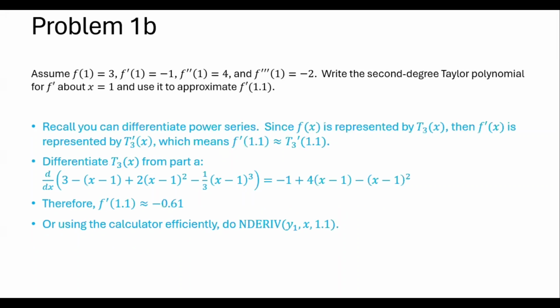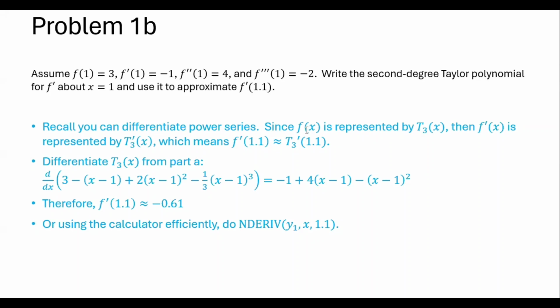Okay, part B, write a 2nd degree Taylor polynomial for f prime about x equals 1 and use it to approximate f prime of 1.1. So remember, we can differentiate and integrate power series. Our T3 in the previous part was the Taylor polynomial for f.